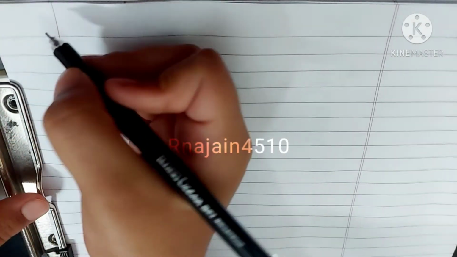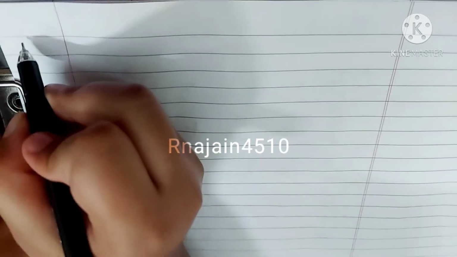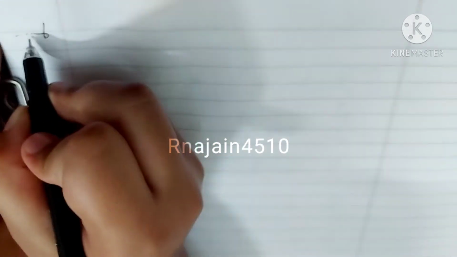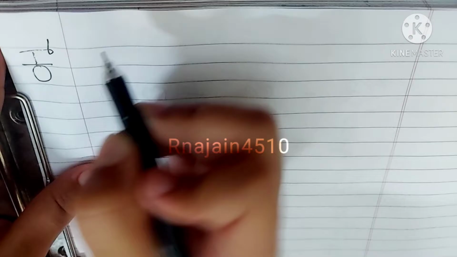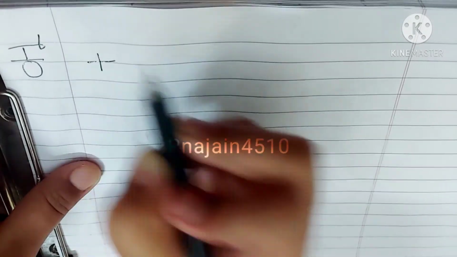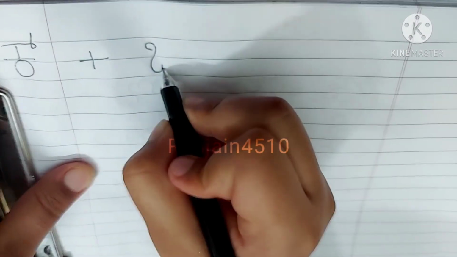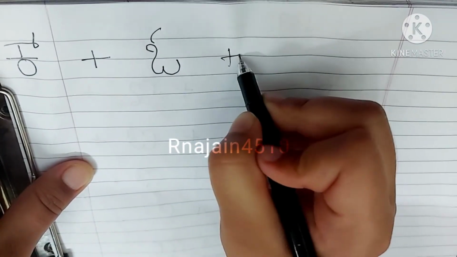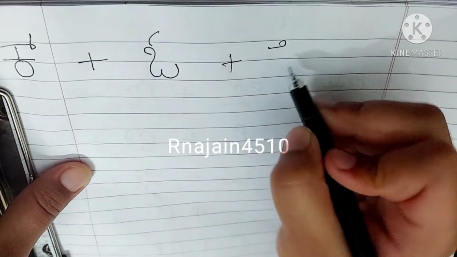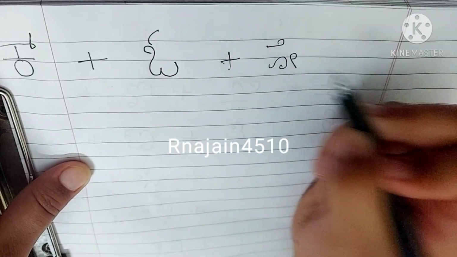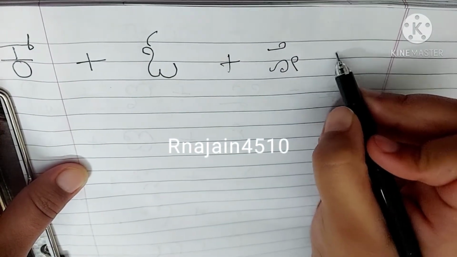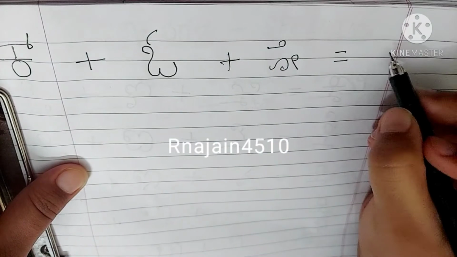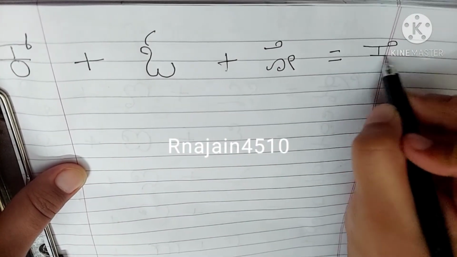Now we are going to write Ko. Half K plus O plus O matra is equal to Ko.